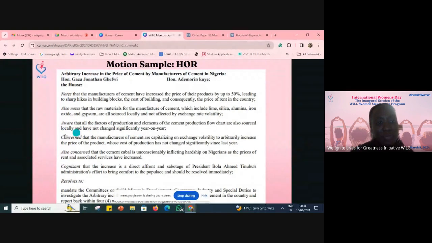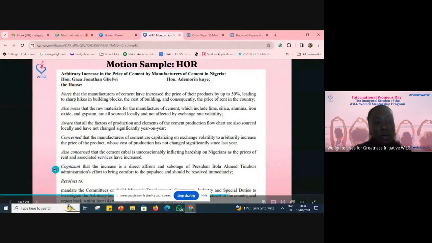Concerned, so at the beginning, they always put certain words: notes, also notes, aware, concerned. After you put concerned, you go to also concerned. The cement cabal is unconscionably inflicting hardship on Nigerians as the prices of rent and associated services have increased.